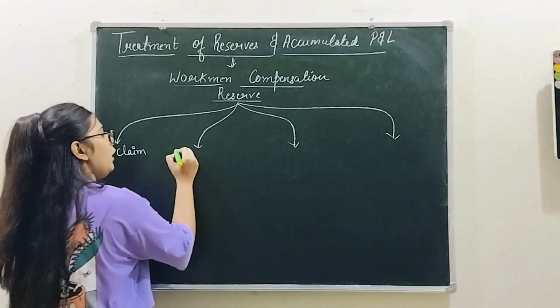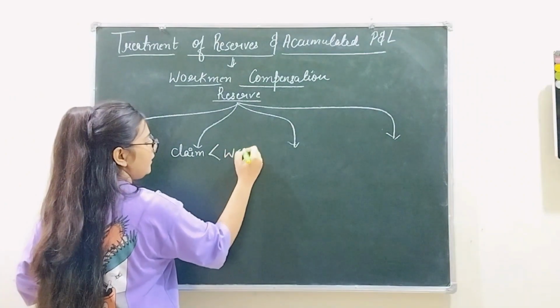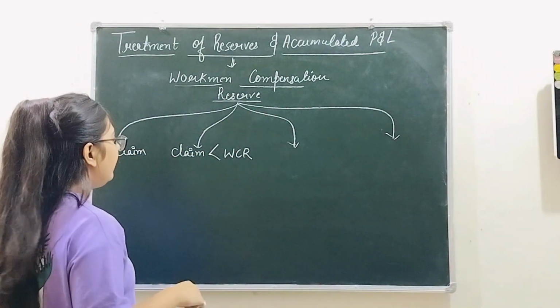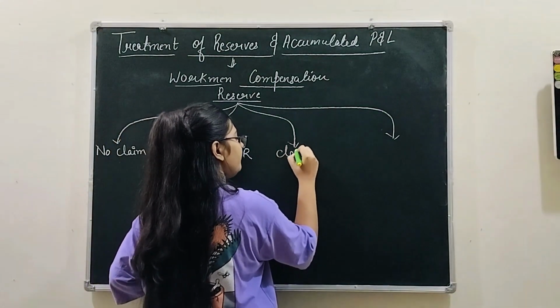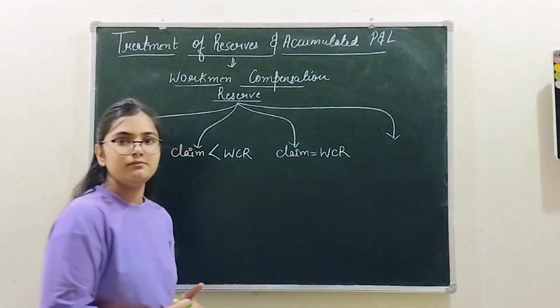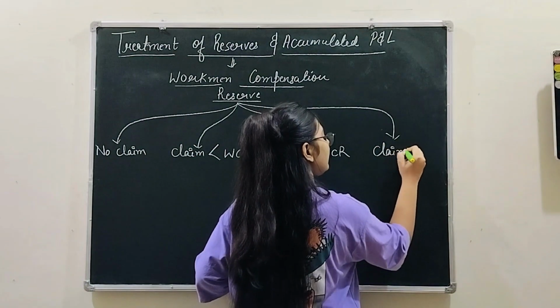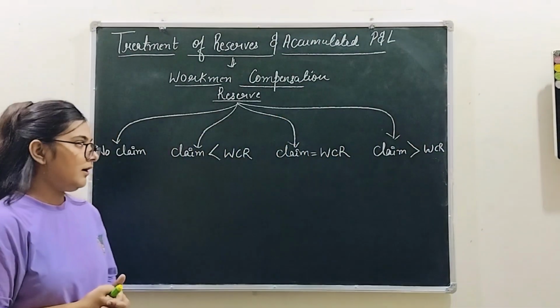Second situation, when the claim is less than your workmen compensation reserve, right? Your third situation is when your claim is equal to your workmen compensation reserve, right? And the last one, when your claim is going to be greater than your workmen compensation reserve, right?